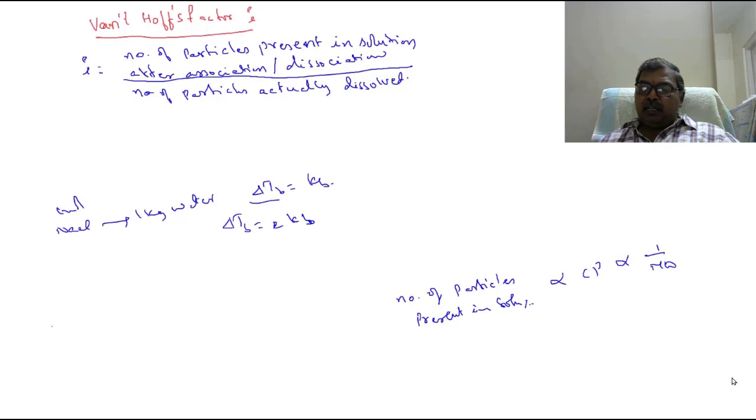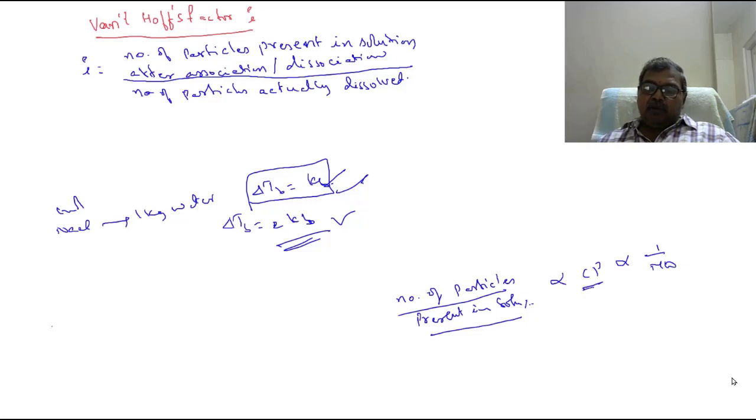So, as the number of particles present in the solution increases, colligative property increases. 1 mole NaCl dissolved in 1 kg water, the molecular weight from colligative property should be 58.5, but we got 29.25. This is abnormal colligative property.